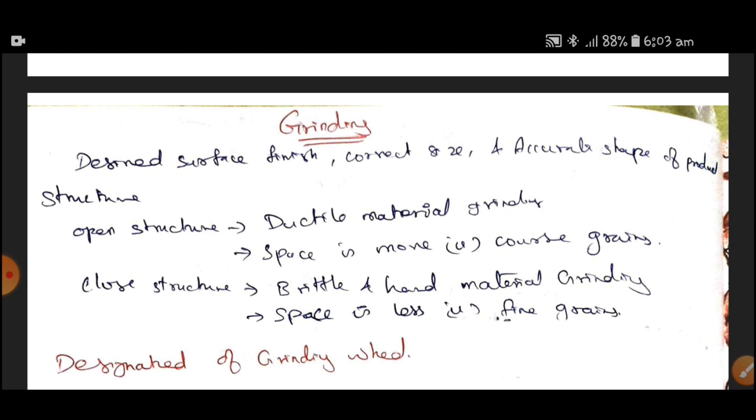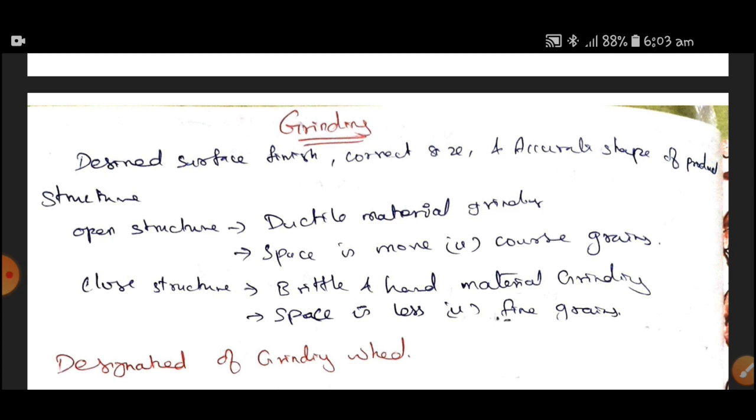Generally, grinding is not preferred for highly ductile and non-ferrous materials like aluminum, brass, and copper, because the grinding wheel will get clogged.